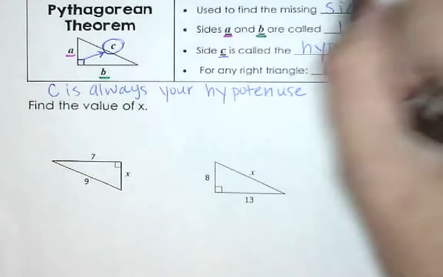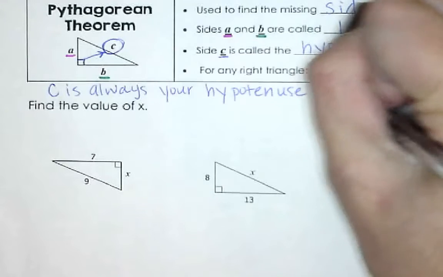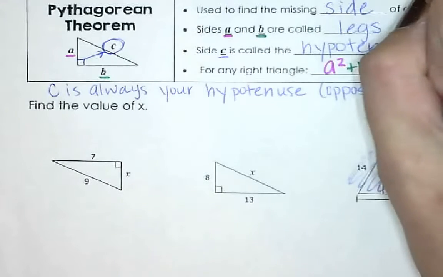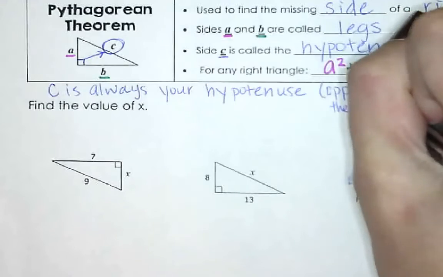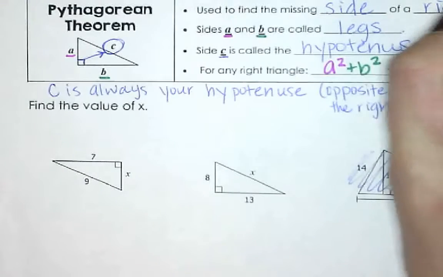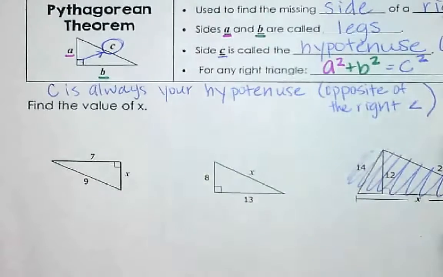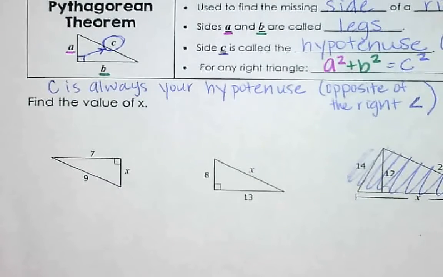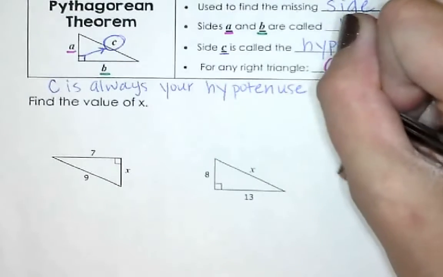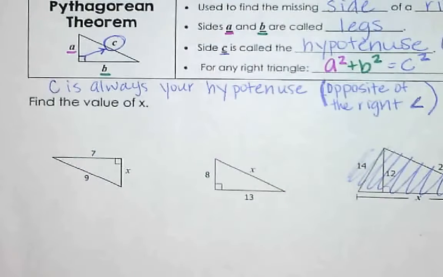And guys, that's why I look at it and say that it's opposite of the right angle. All right, the symbol for angle is that little guy right there. It's not quite a less than sign. So it's always opposite of that right angle. Are you guys comfortable with that?